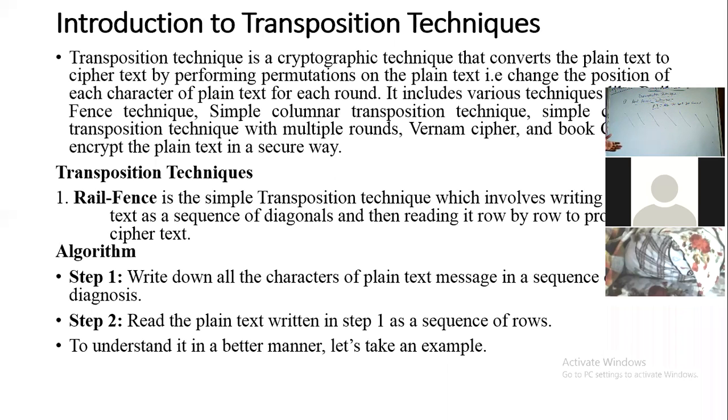Then how to convert this plain text into ciphertext by using rail fence technique? The technique is simple. Write this plain text in the diagonal form and then read the letters row wise, in this way.